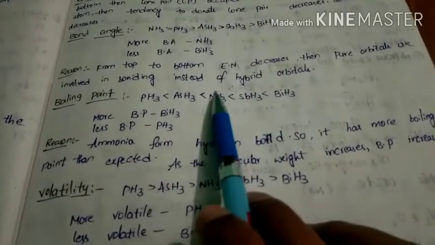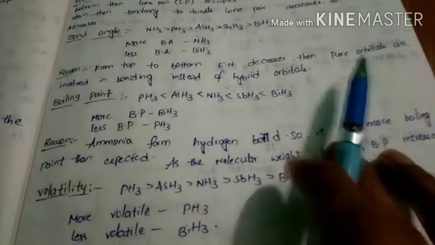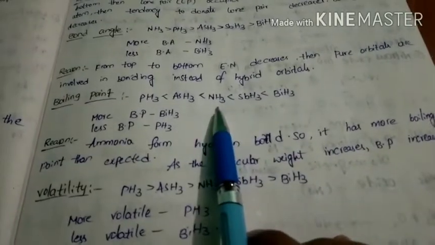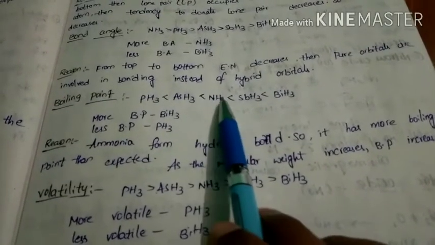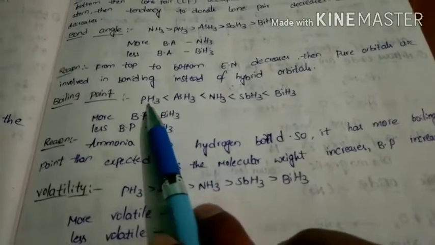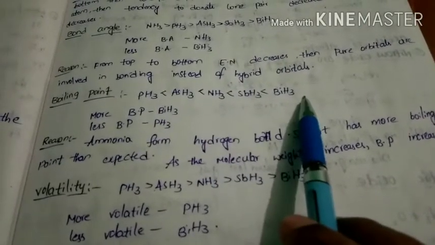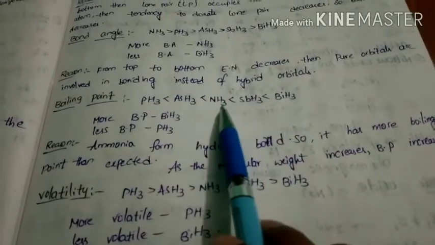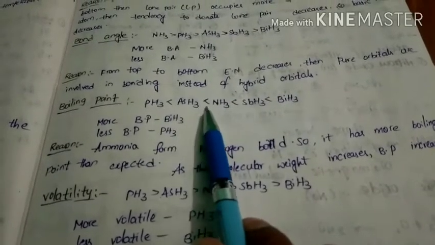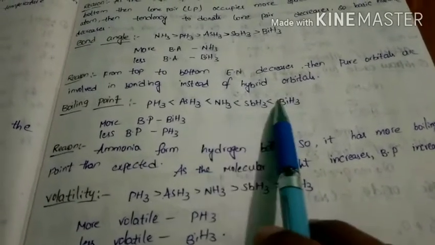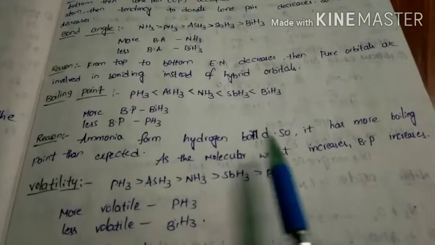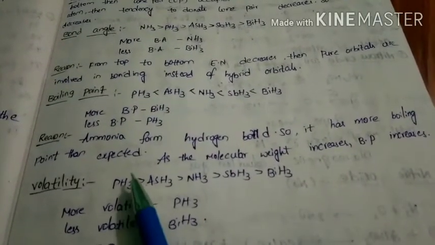Among all these compounds, only this compound exhibits hydrogen bonding. That is why it has a higher boiling point compared to these two, not compared to all. Ammonia forms hydrogen bonds, so it has a higher boiling point than expected.